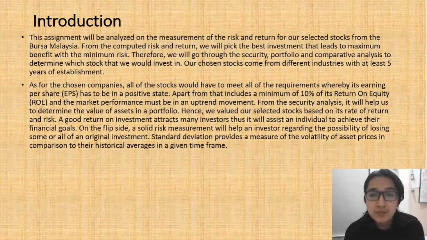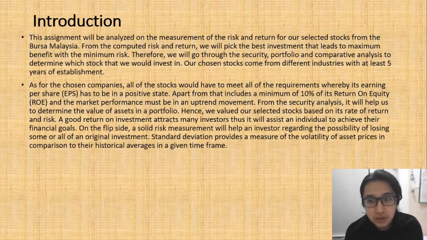The other requirement that we have to meet for the selected stocks is that the EPS has to be in a positive state. Apart from that, it includes a minimum of 10% return on equity, or ROE, and the market performance must be in an uptrend movement. So it has to be a bullish market, right?